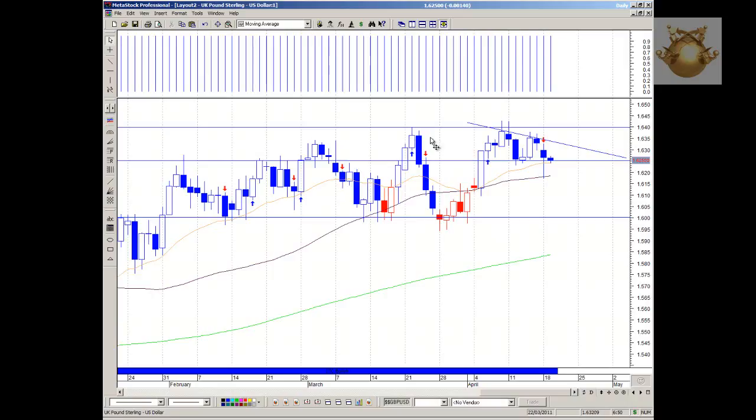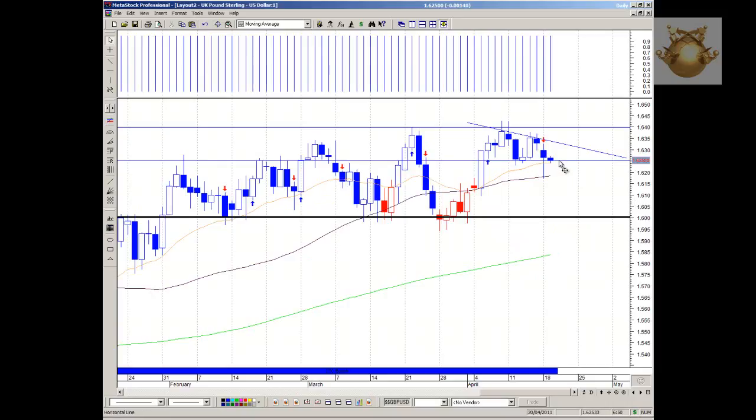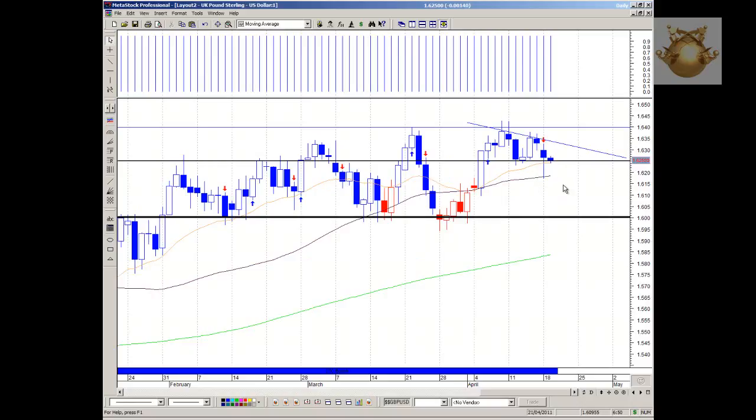Why? Because once it's pulled back from 1.6400, it's always reversed back to the 1.6000 mark, so keep that in mind. Failure to find support at this key level here at 1.6250 by the end of trading today would signal further downside movement, and we should be looking for opportunities to the downside.